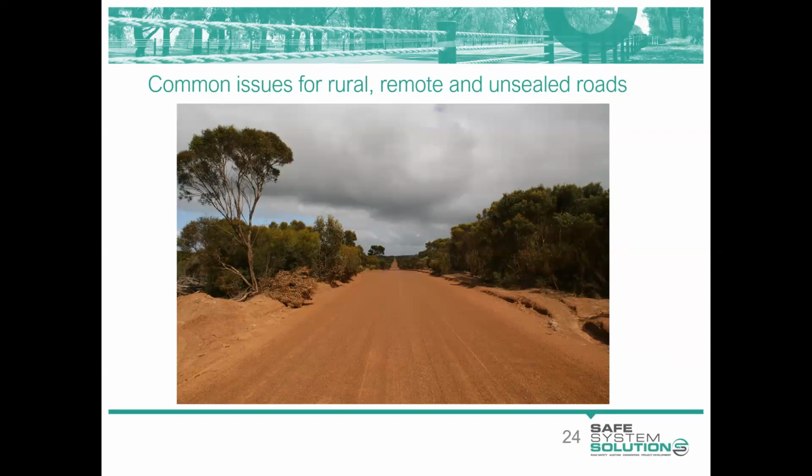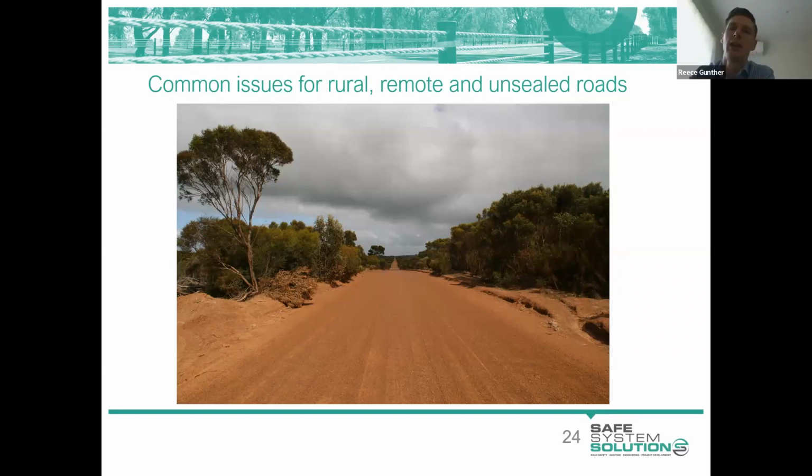Now we might have crests at certain locations that are obscuring sight distance to a curve beyond the crest. So people traveling along the road, it looks nice and straight. Little do they know, they come over the crest and there's a bang, you're into a right-hand bend. So we may look to perform earthworks to remove those short, sharp crests to get better sight lines to the curve, and just better coordination of the vertical and horizontal alignment in general.